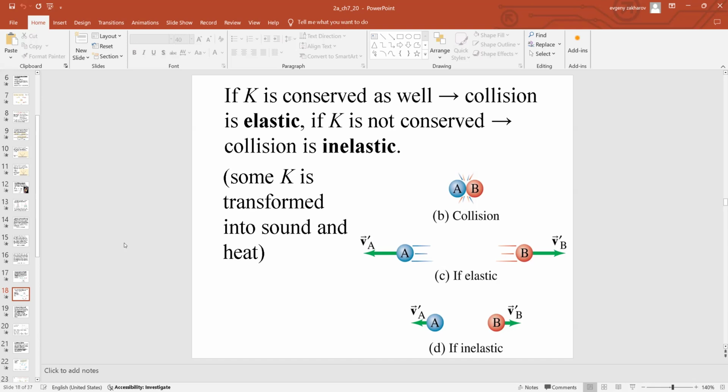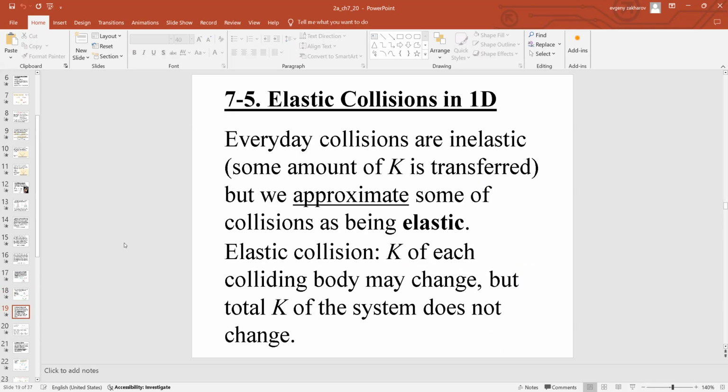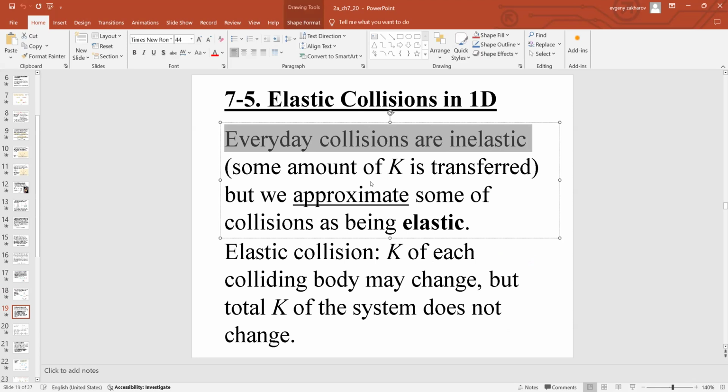If it's elastic, think about two billiard balls, two pool balls. That would be your approximation for elastic collision. You can think about the conservation of kinetic energy as well with that. So, of course, collisions are inelastic, all of them. Some waste of kinetic energy is expected.